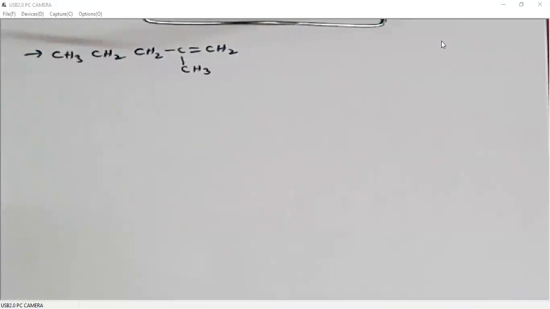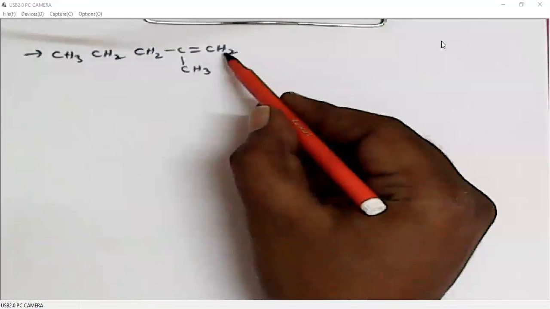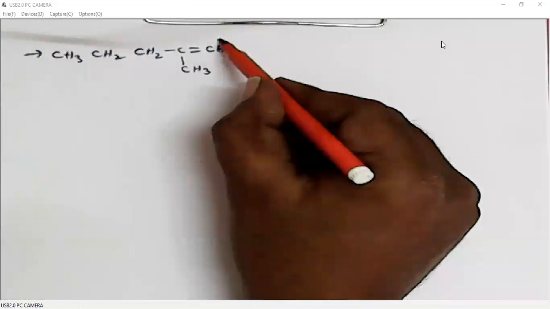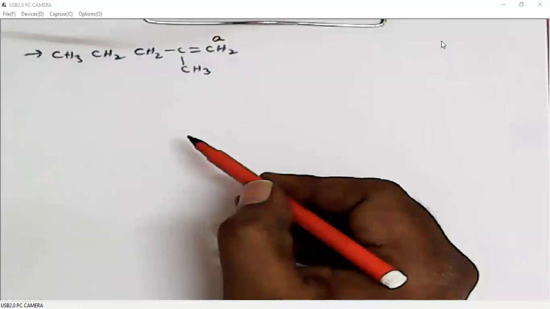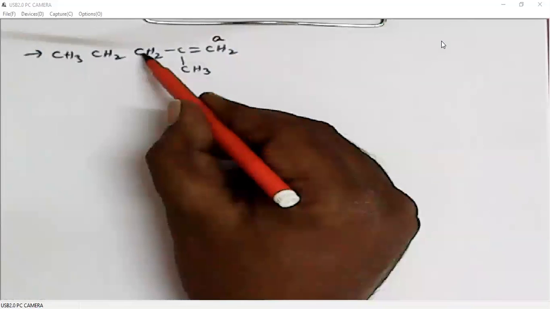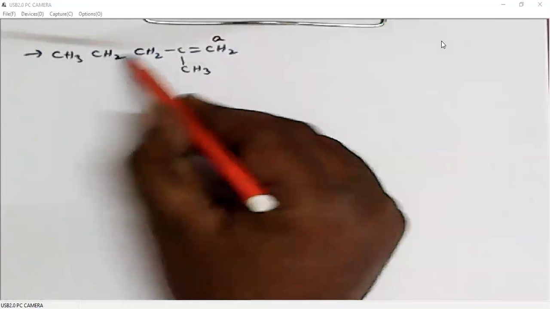For example, in this compound, as we know, because of the anisotropic effect, alkene protons will give a large delta value. So these protons will have a high delta value. Then among these two, generally the carbon which has more substituents will give a low delta value.